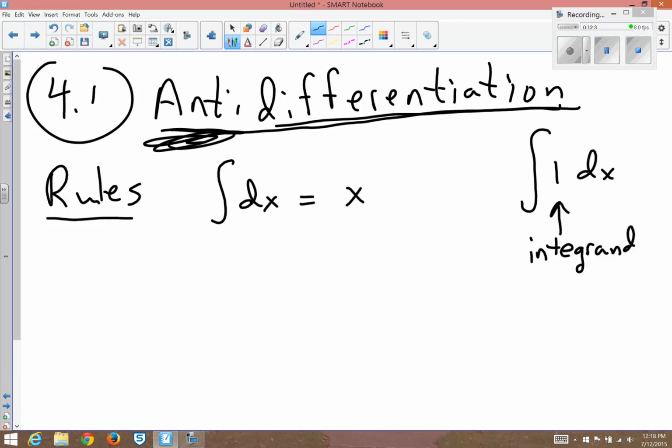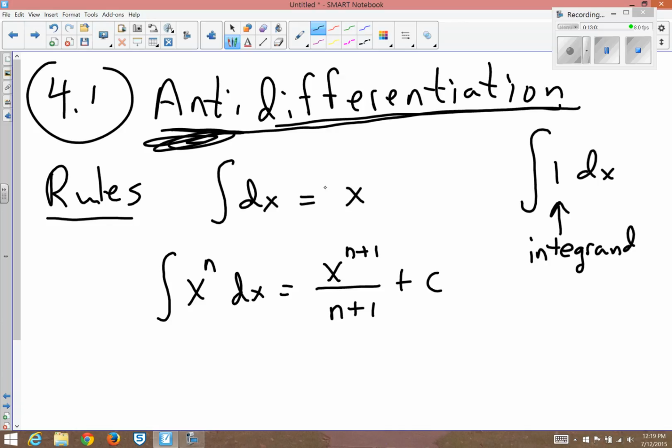Well, I'll write a couple more rules and then we'll do some examples. The second rule is the antiderivative of x raised to a number, dx, is x raised to that number, the exponent, plus 1, over the same thing, plus any constant.